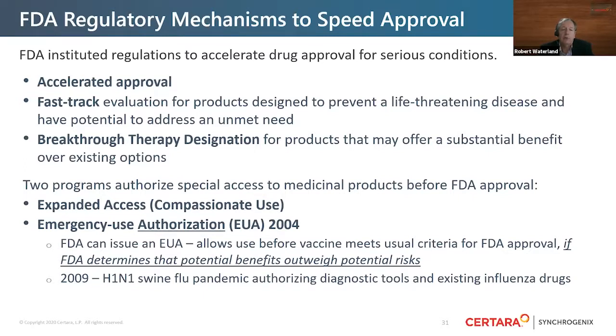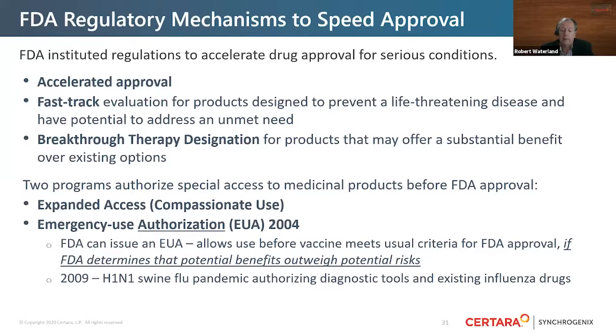The word authorization is underlined because FDA is very clear on this. There is no approval associated with EUA. You are merely authorized to use the drug. The expectation is that a BLA is filed. So how does EUA work?